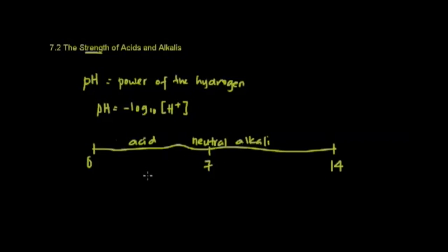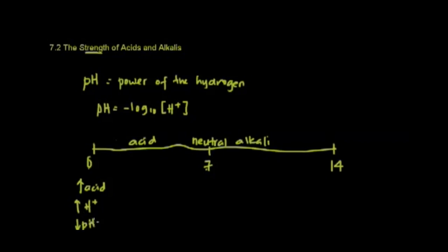The lower the pH value, the more acidic the solution is, and therefore it has more hydrogen ion. That means if I talk about acid from 0 to 7, the lower the pH value, meaning towards 0, the more acidic they will be. More acidic means they have more hydrogen ion. And what can you see from the pH value?